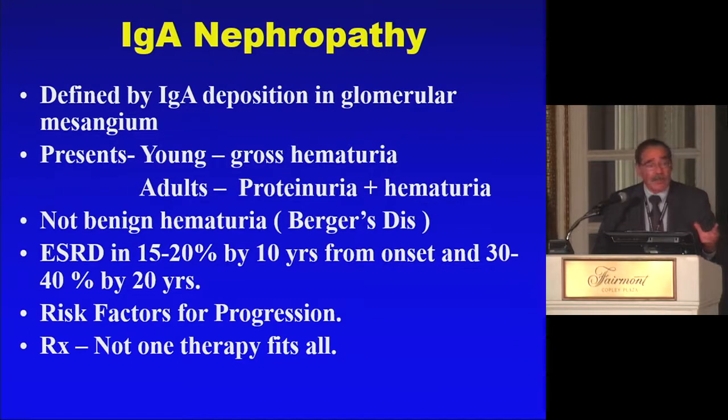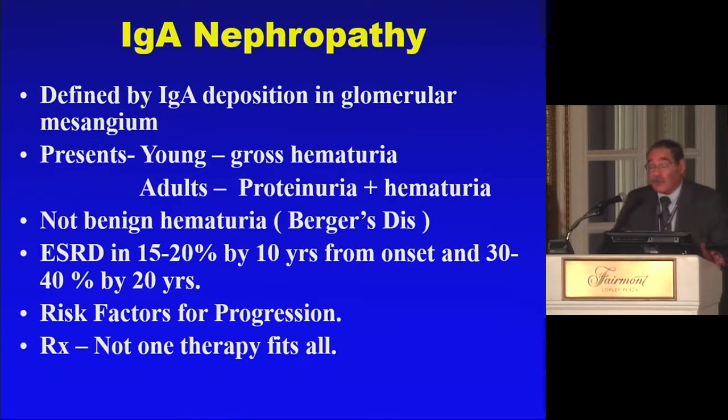Now, for nephrologists, it's important that you realize that it can be dominant or codominant. If you have IgG and IgA equivalent, that could be IgA nephropathy. It's either dominant or codominant. And you may have other immunoglobulins deposited as well. But nevertheless, you must have IgA there to define the disease at this point.